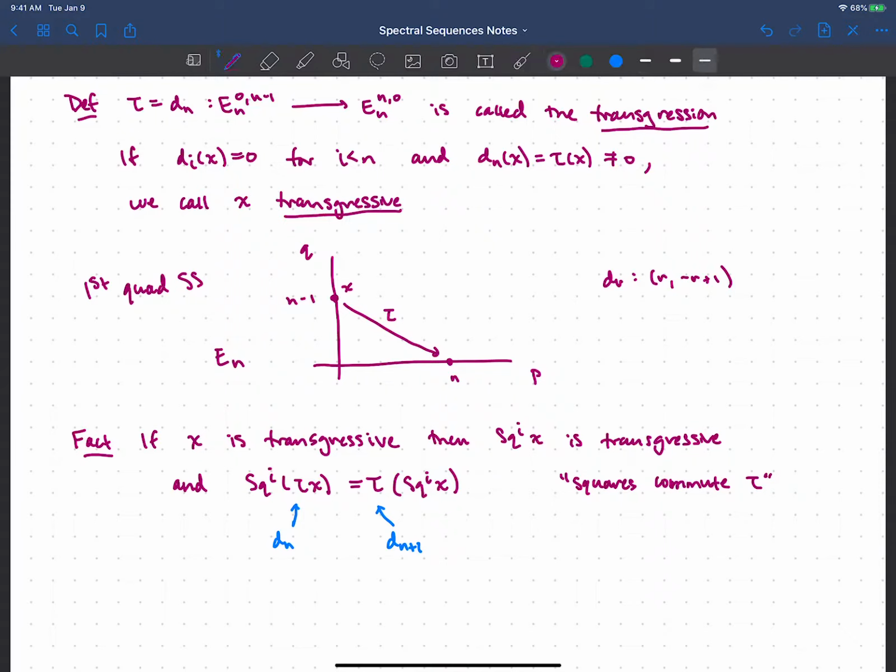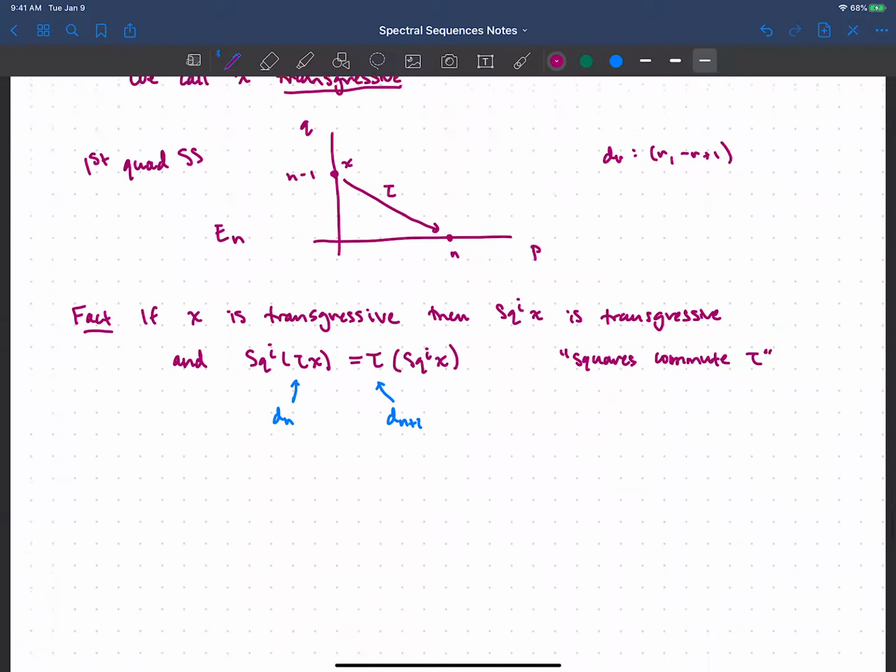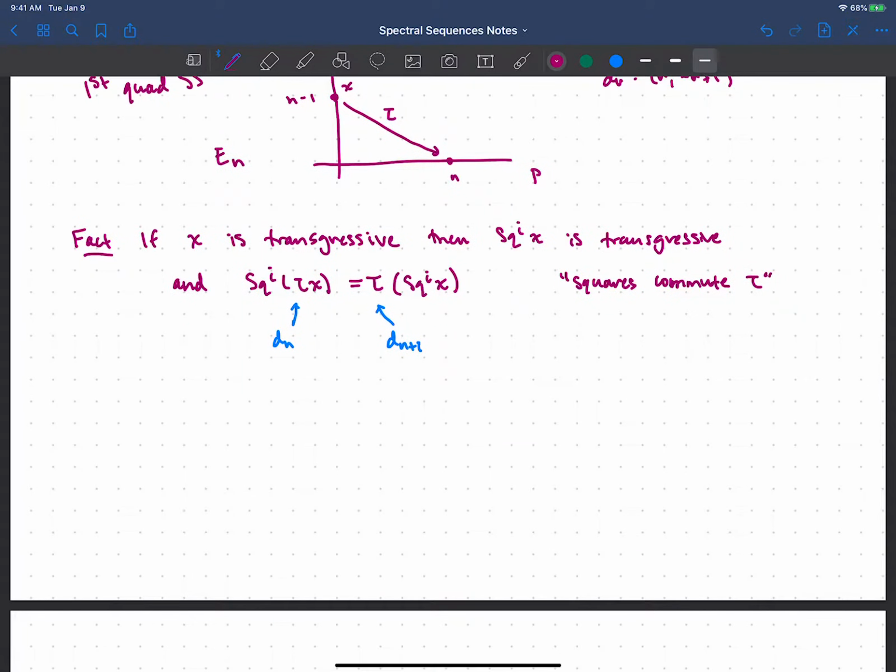I'm not going to prove this, but the important part is that this really follows from naturality. I think you could come up with a nice, sweet proof if you had enough structure behind you. But this is from naturality of the Sq^i's.